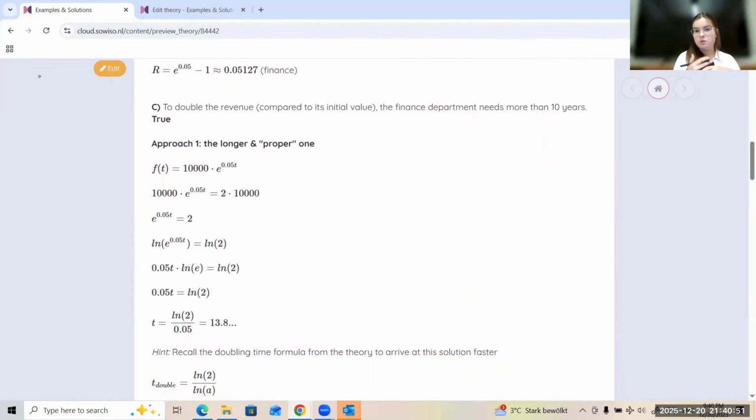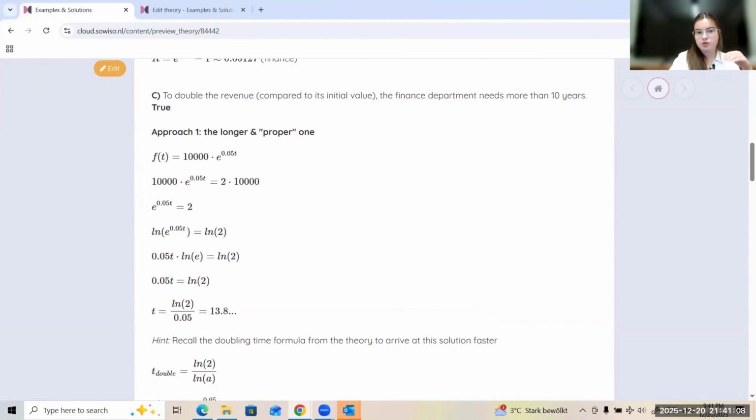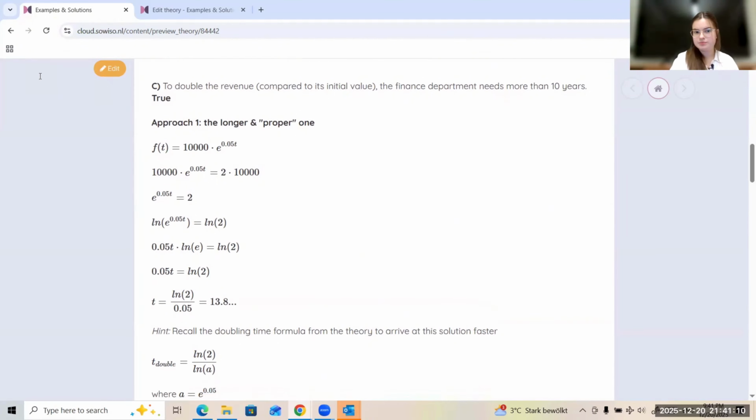And here we have again a statement where you have two possible approaches. So to double the revenue compared to the initial value, so to go from 10K to 20K, let's compare how many years the finance department needs. So here you have the finance department growth function, and then you just want to see when it's equal to 20K.